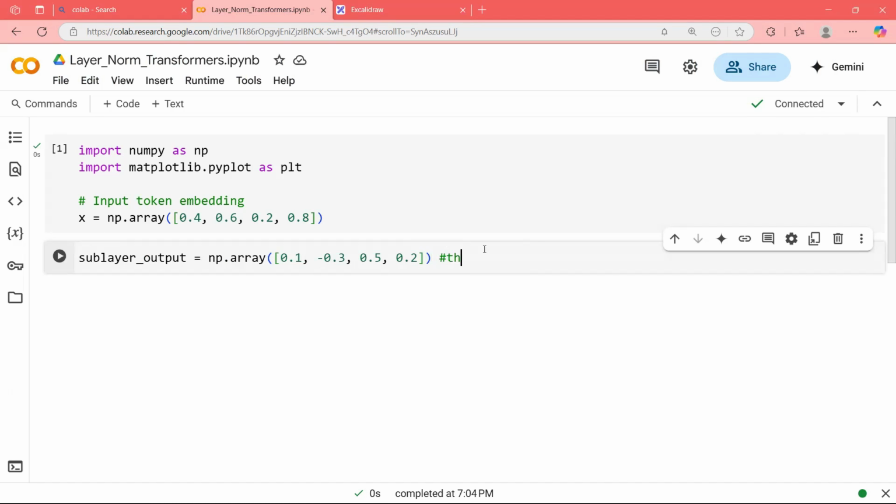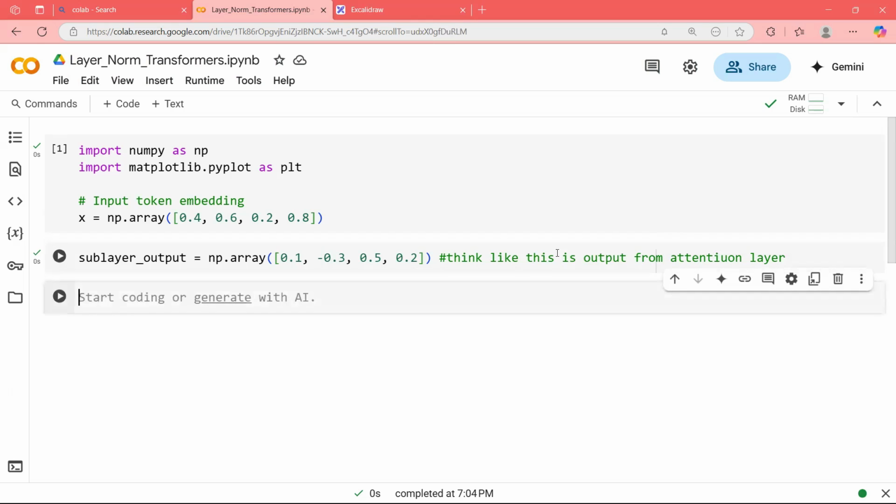So think like this is output from the attention layer. I'm creating it, but you should think like this is an output from the attention layer. Fine. Then how residual connections will work is residual connection will be X plus sub layer output.